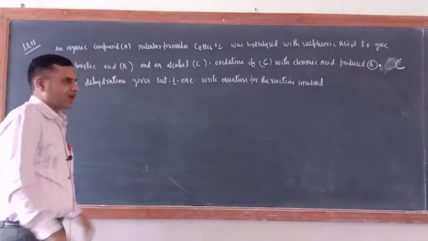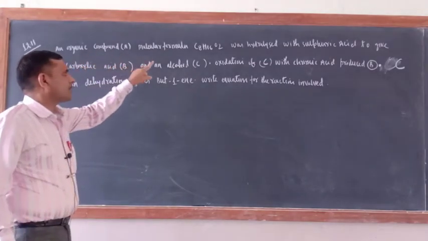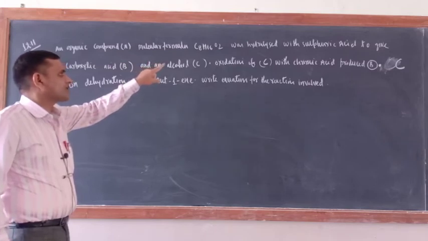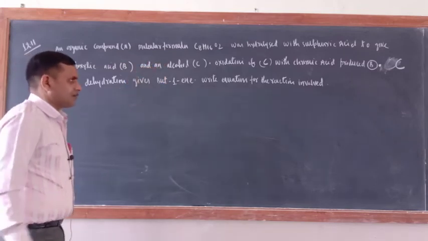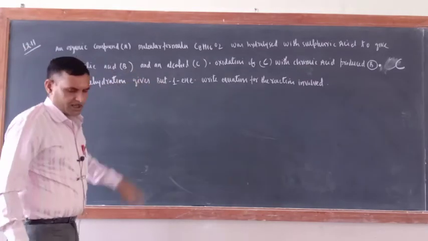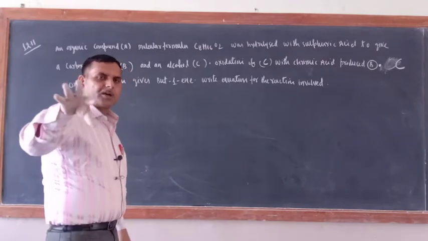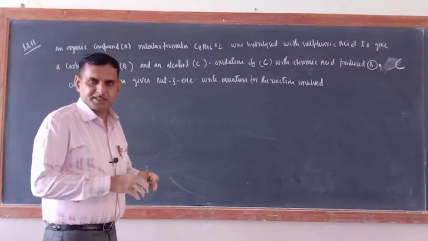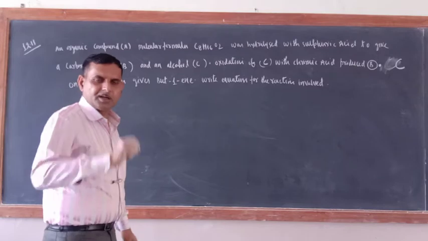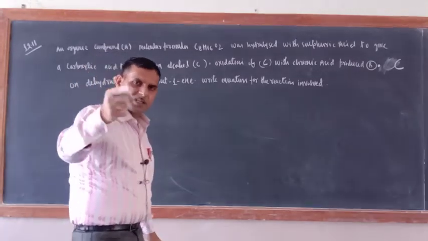Just see. First read the first line. An organic compound A, molecular formula C8H16O2, was hydrolyzed with sulfuric acid to give a carboxylic acid and an alcohol. In this unit I taught you the esterification reaction. When alcohol and carboxylic acid react together, then ester is formed.